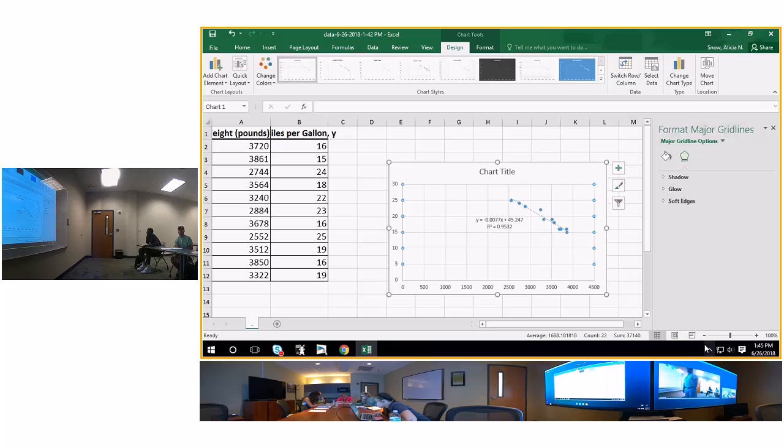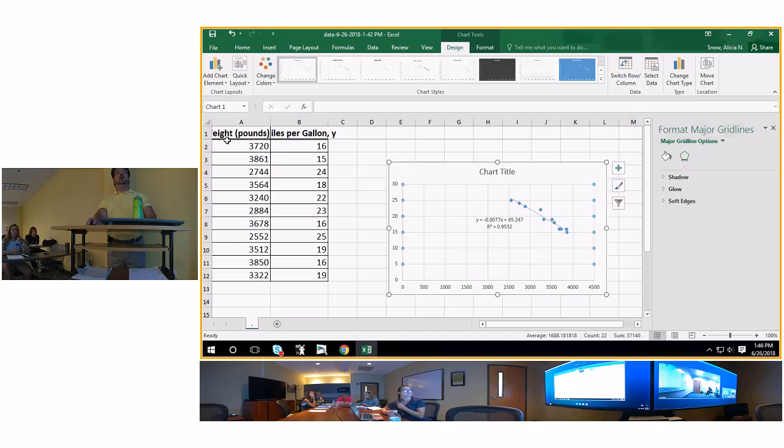We're doing miles per gallon versus what? Weight. So now you can say, is there causality? What was the correlation? You got a 98% confidence interval that there is causality between the miles per gallon and the weight.